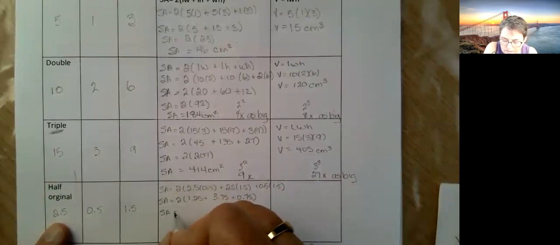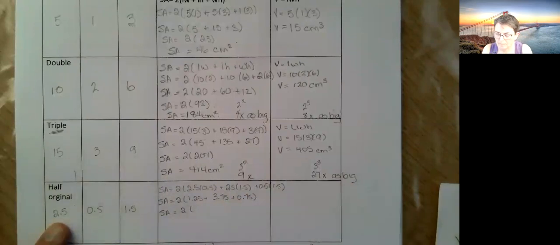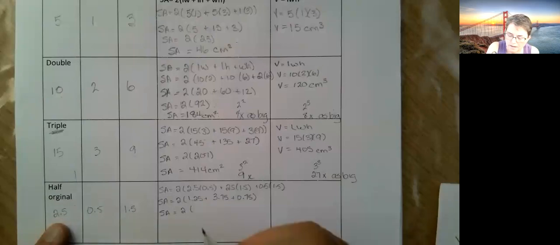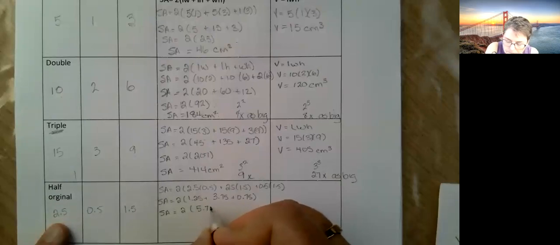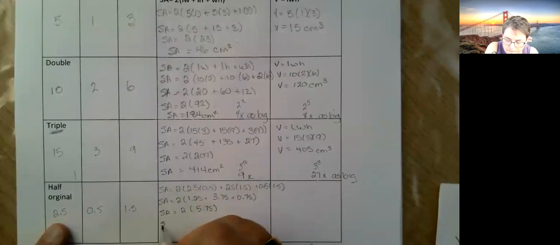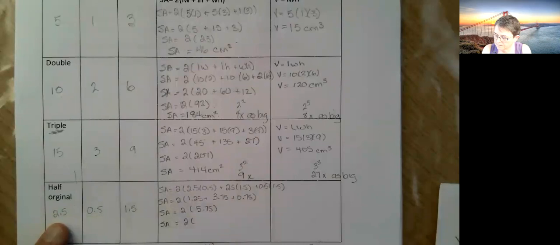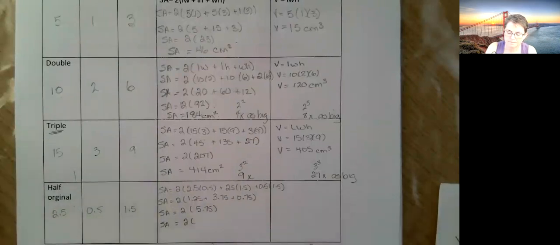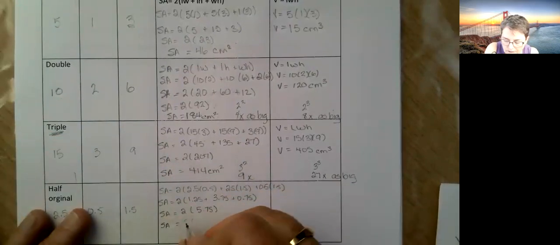Surface area is equal to 2. Now I'm going to add them up, right? Oops. I don't need to put the 2 there again, did I? 11.5.